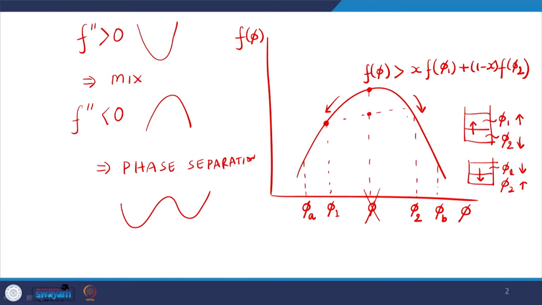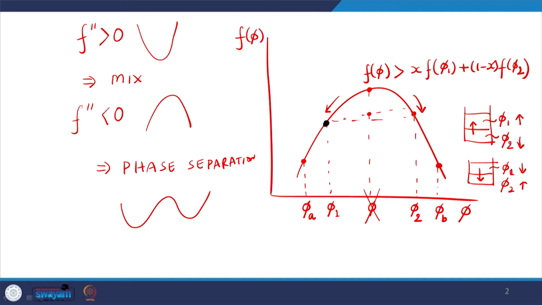So, now if I compare these two situations, you can clearly see that the energy in the phi A and phi B case in the picture that I have drawn here is less than the phi 1 and phi 2 case.